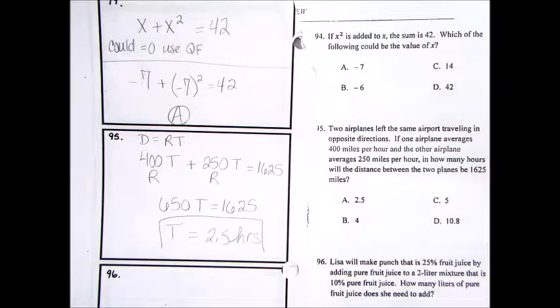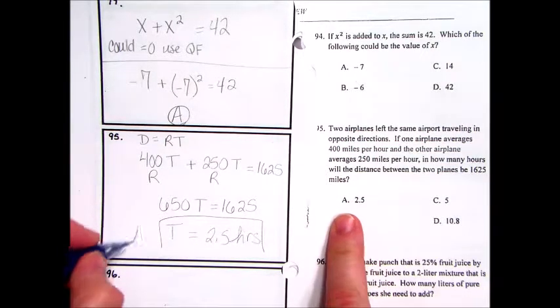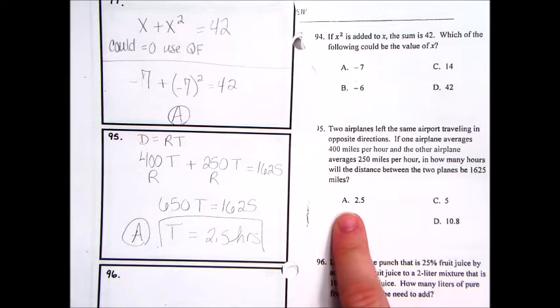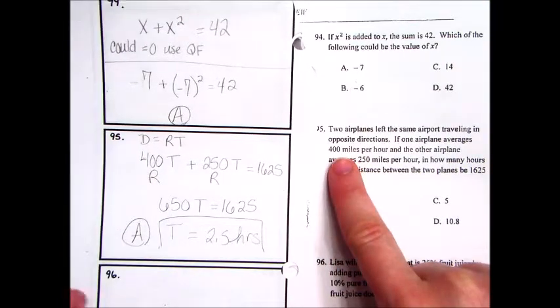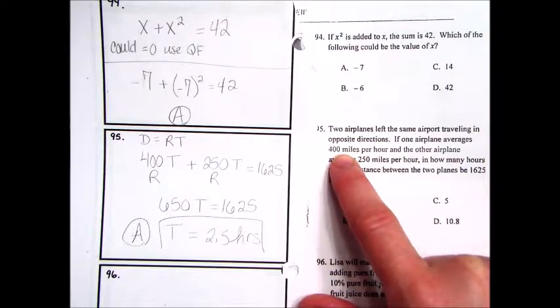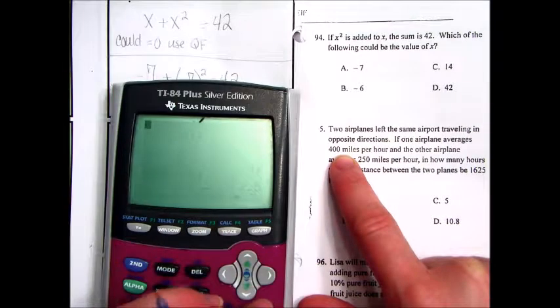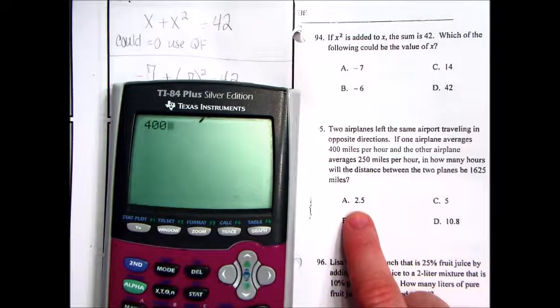Now let's say you didn't know how to do the algebra on that, okay? But you wanted to see if A was the answer. If it's 400 miles per hour, I'm going to test A, so I have to multiply that by 2.5.